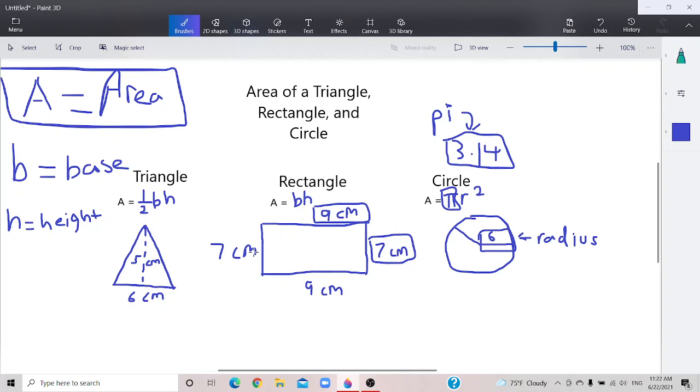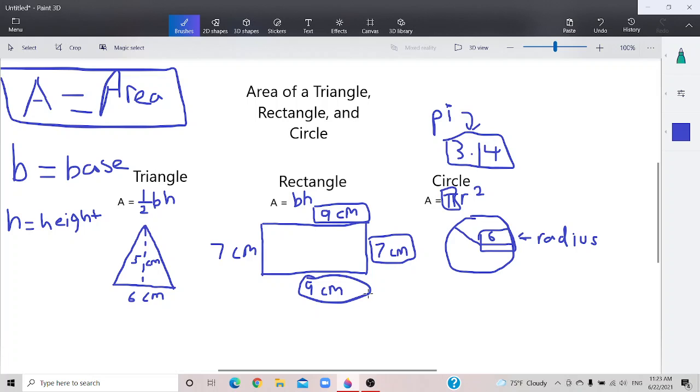So that makes it really easy for us to calculate the area, because the area is base times height. The base is 9 centimeters here, because the base usually just means the bottom, but you can also multiply the top as well, because it is still part of the 9 centimeters.